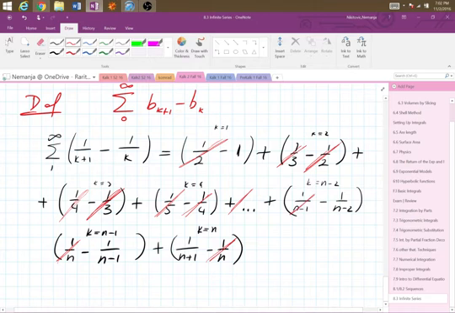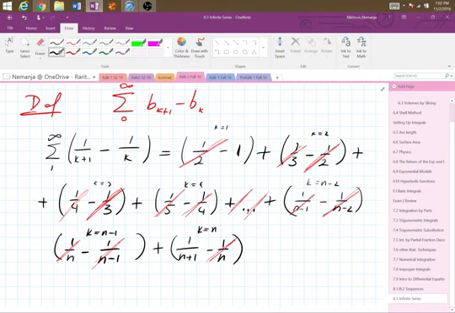Positive 1 over n minus 1, negative 1 over n minus 1. Well, then this one will have to have its pair somewhere in there. Everything canceled. What's left? Minus 1 plus 1 over n plus 1. But that's the one we are sending to infinity.